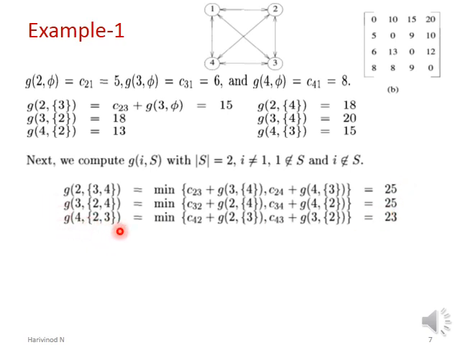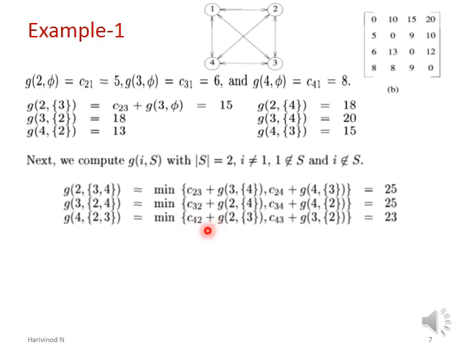Let me explain the last one, g of 4 comma 2, 3. It is nothing but first travel from 4 to 2. Then the remaining vertex we have is 3. So 2 to 3, this particular problem is already solved here, it is nothing but 15. So 4 to 2 is 8.